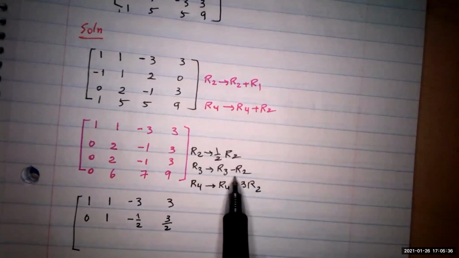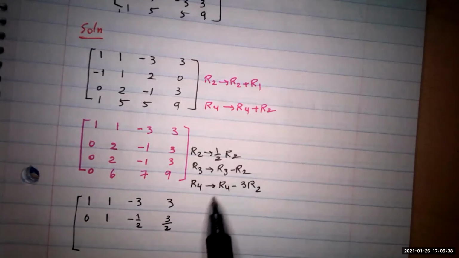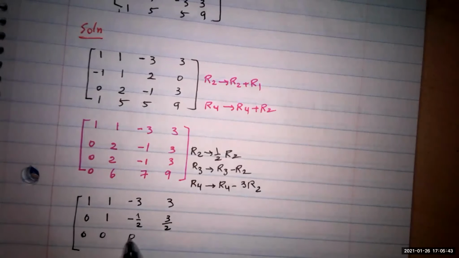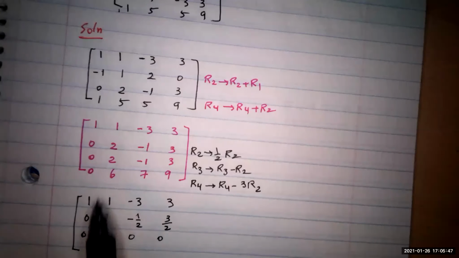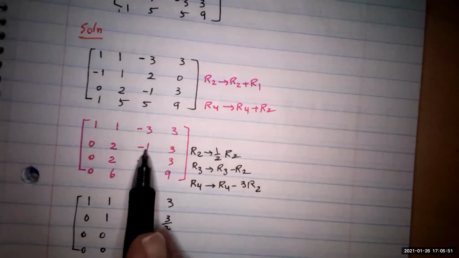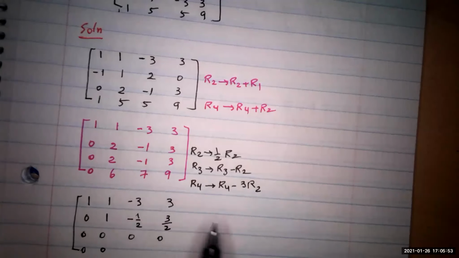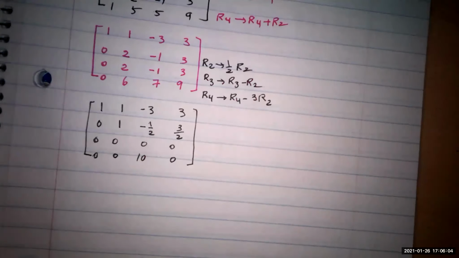Okay, then this is going to be R3 minus R2, everything would be 0, 0, 0, 0, and R4 minus 3R2, so that gives you 0, 0, 3R3. So that makes this one into the 10. Okay, this is going to be the 10, and this is going to be 0. Okay, so we are getting to where we need to be.